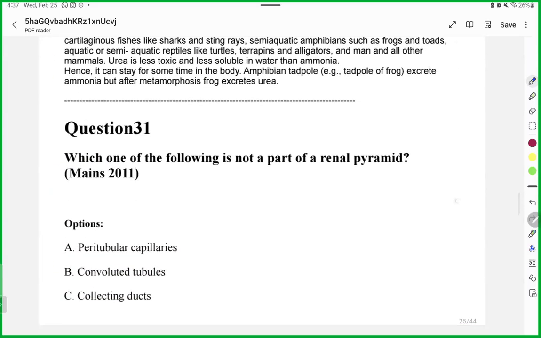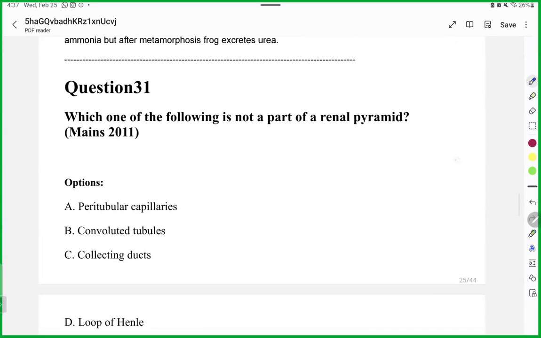Jordan. So I'll ask later after this, sir. Which one of the following is not part of the renal pyramid? Bowman's capsule, PCT, DCT are part of the cortex region.